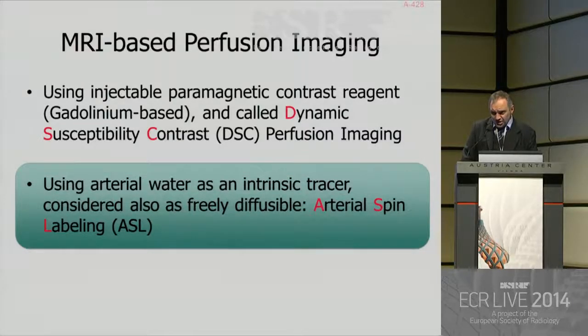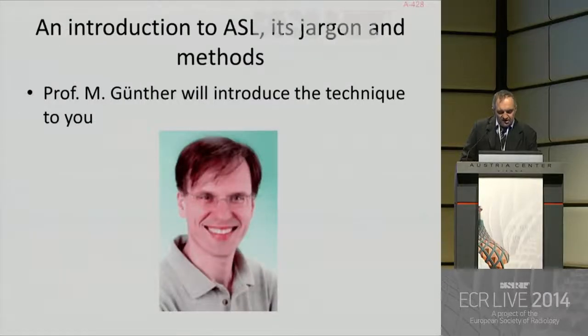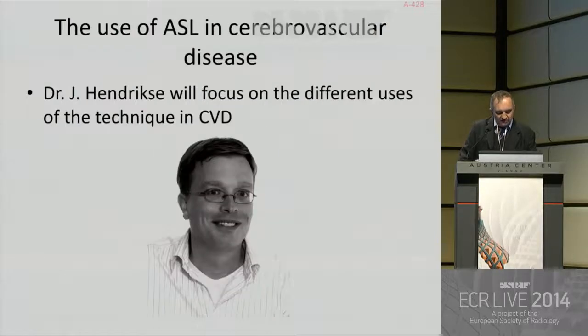And so, who is going to take us through that journey, explaining everything you want to know about this method? We'll start with Professor Matthias Günther, who will go through the very basic steps of the technique, followed by Dr. Jeroen Hendriksen, who will focus on the use of the technique in cerebrovascular diseases.